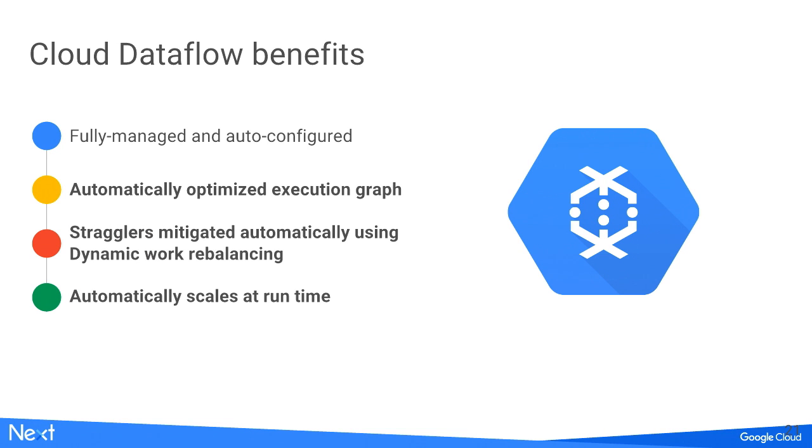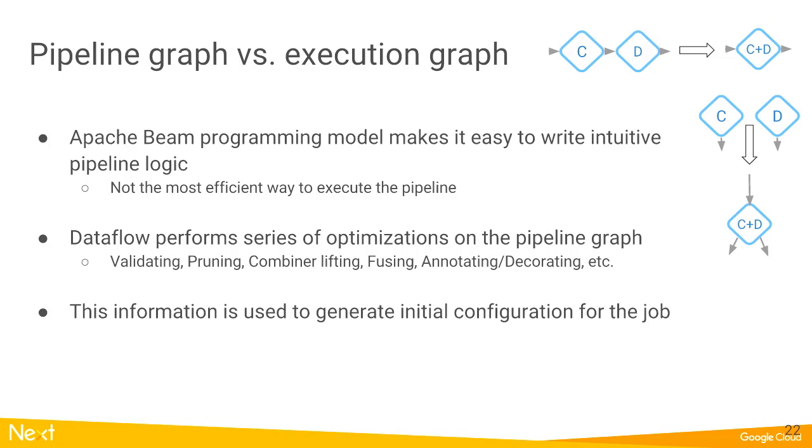So if you look at these 4 benefits, 3 of them are trying to address the factors that affect the performance. So Apache Beam, looking at the optimizations, pipeline graph versus execution graph. What Apache Beam gives you is a very intuitive programming model that allows you to express complex computations simply. That's great, except that's really not the way you should be running this application.